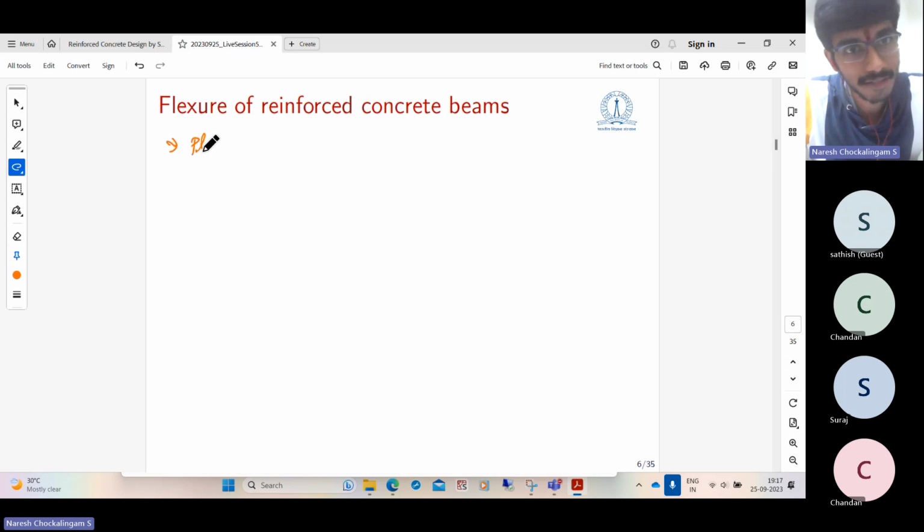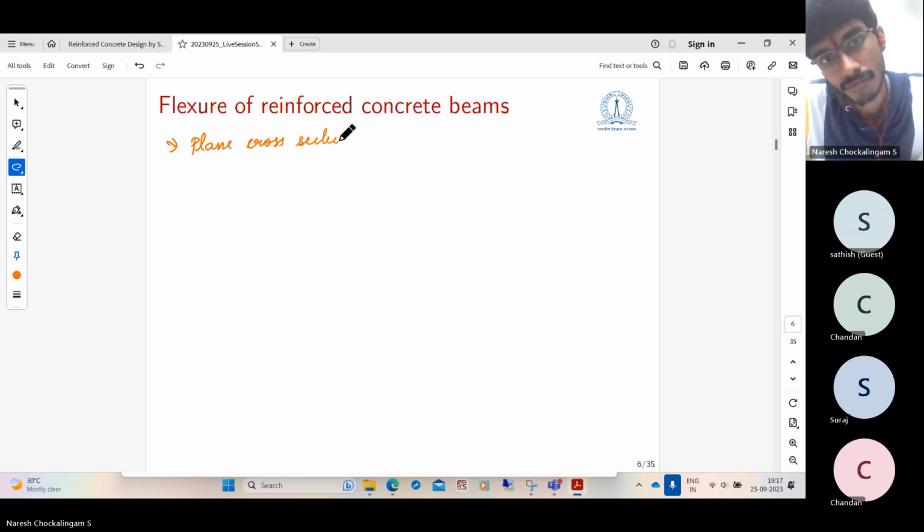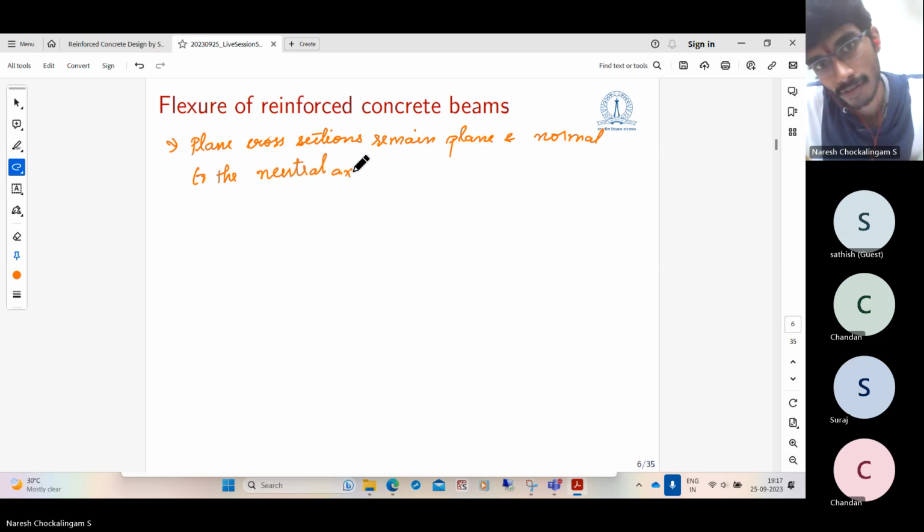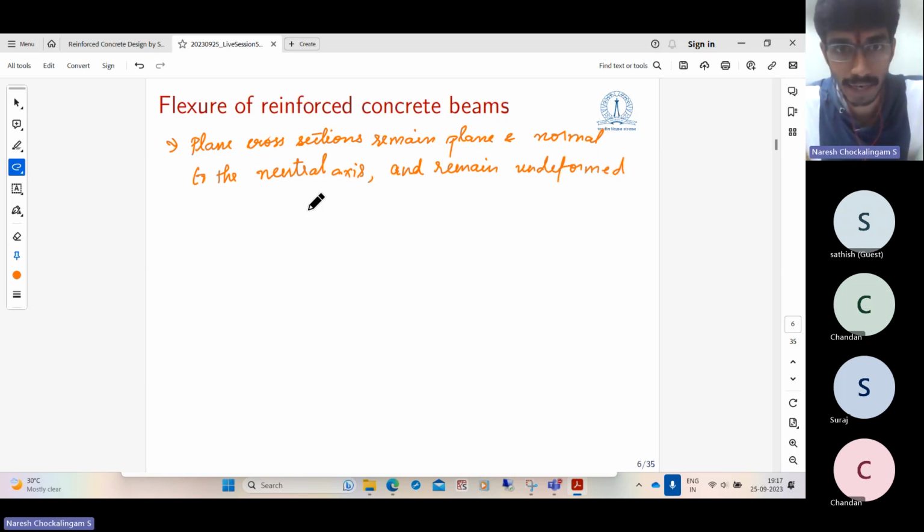So plane cross sections remain plane and normal to the neutral axis, and suffer no change in length. So this is the usual beam bending assumption, the Euler-Bernoulli beam theory assumption.